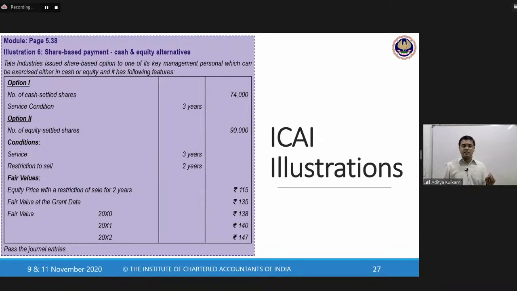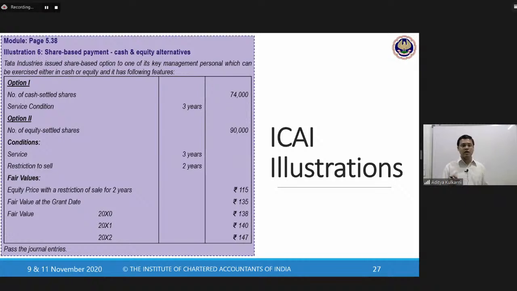Now the conditions for the options are a service condition of 3 years and a restriction to sell of 2 years. Once you get the shares, you can't sell them for 2 years. Fair value of equity with a restriction of sale for 2 years is 115. So your equity settled shares of 90,000 have a fair value of 115 at the grant date.